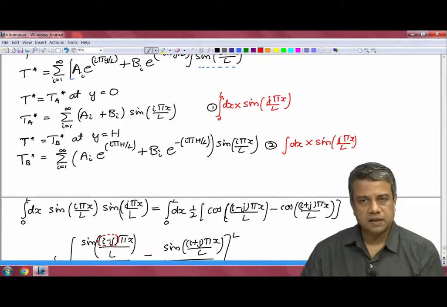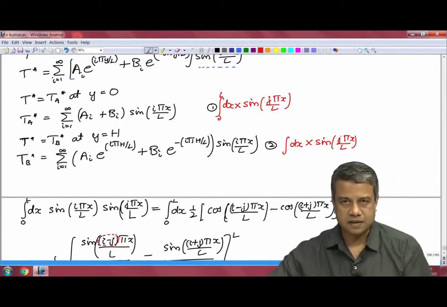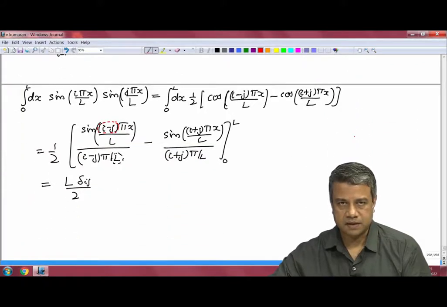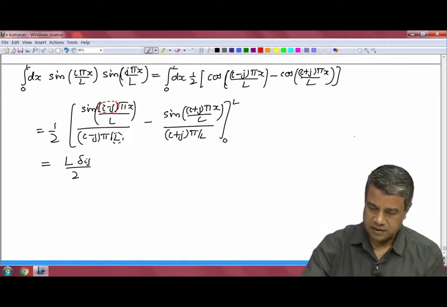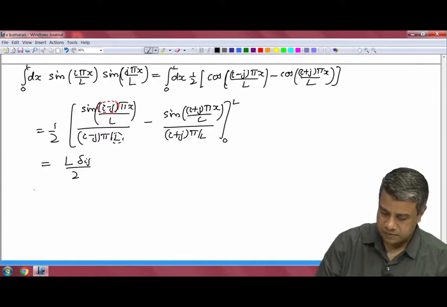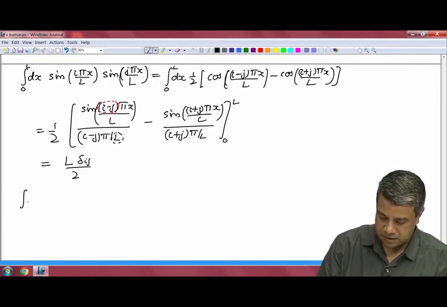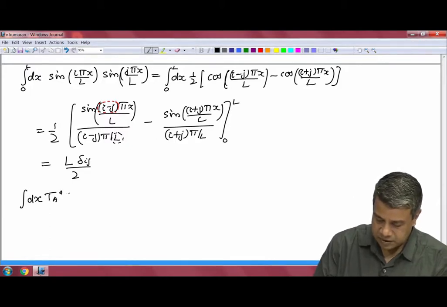The orthogonality relations apply to the right hand side. What about the left hand side? In the first equation, for example, on the left hand side I have integral dx T_A star sine of j pi x by L, 0 to L.